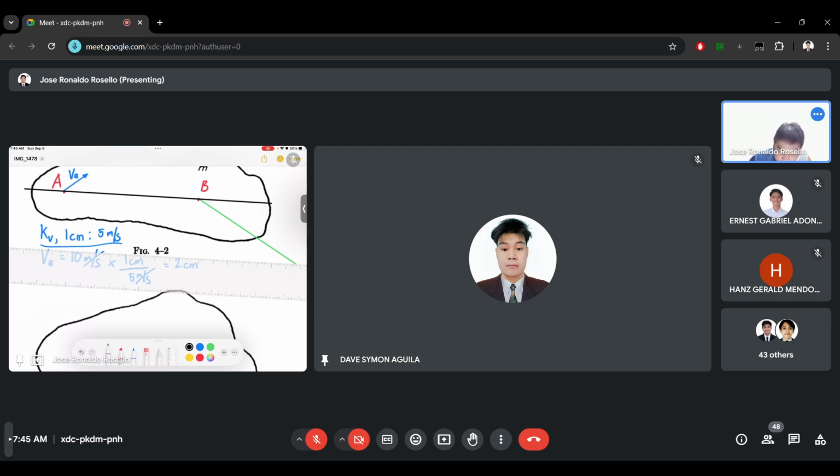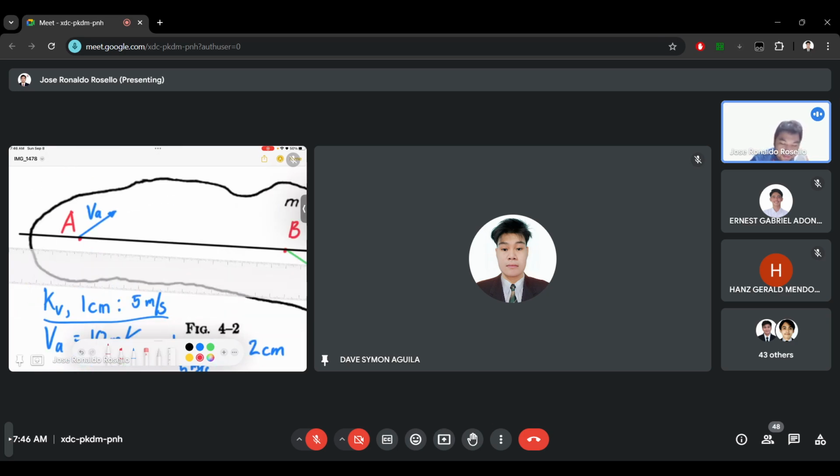Then we will have to resolve this vector into components. What we will have to do is make a perpendicular line that will intersect the end of the vector. So from this black line that connects A and B, we will make a perpendicular line that reaches the end of vector VA.